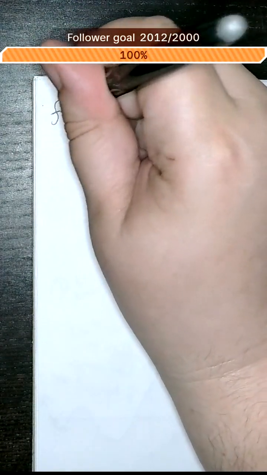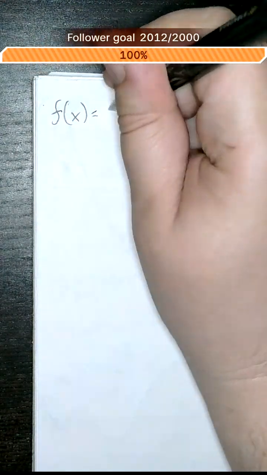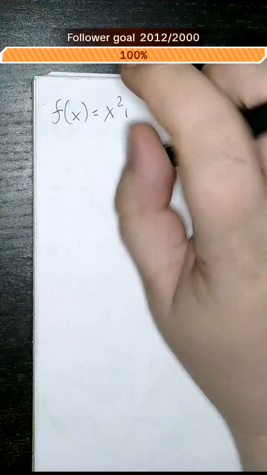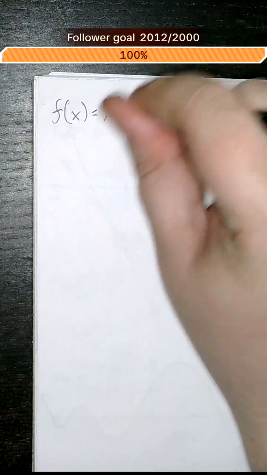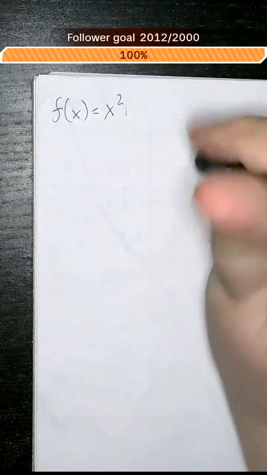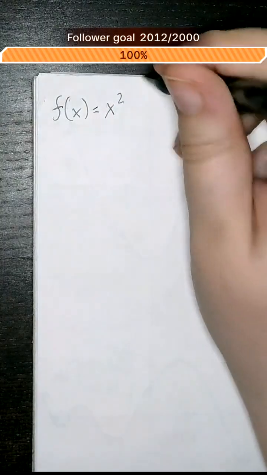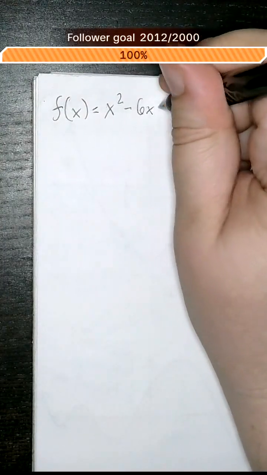Let's take a look at the following function. f of x is equal to x squared minus, not plus, minus 6x plus 1.